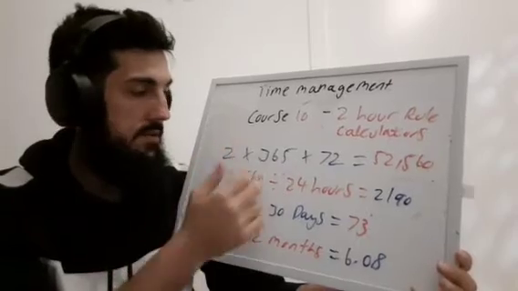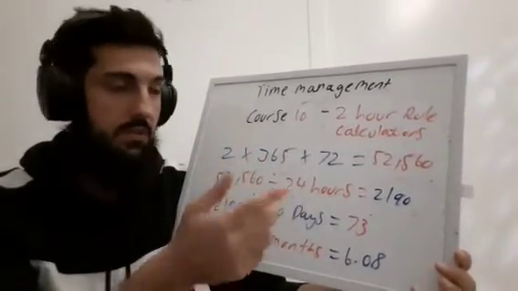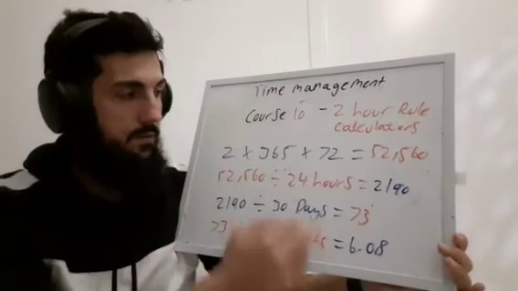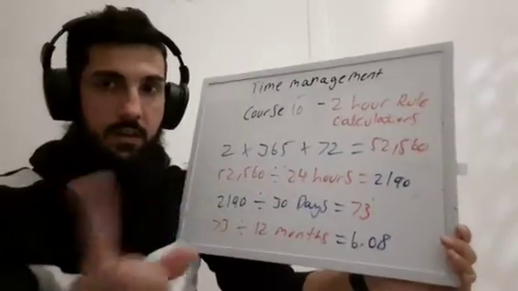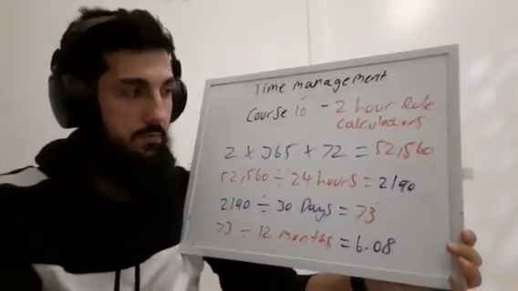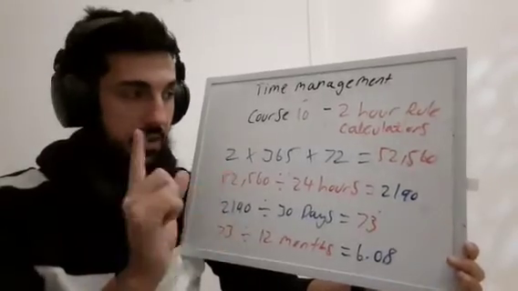Now it's the 2-hour rule, which is 2 hours a day, times 365, times 72 years, in terms of my age of 28 years. Your age will be different, although you may have the same age as me.